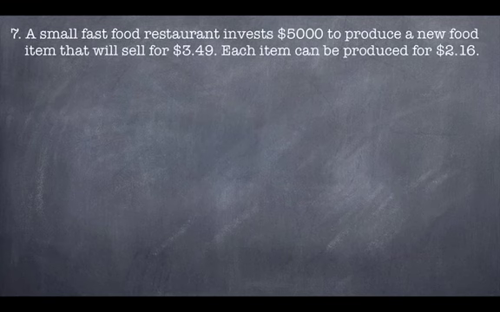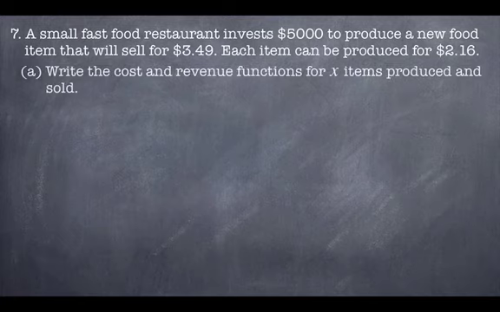This is a word problem. It says a small fast food restaurant invests $5,000 to produce a new food item that will sell for $3.49. Each item can be produced for $2.16. So part A says write the cost and revenue functions for X items produced and sold.